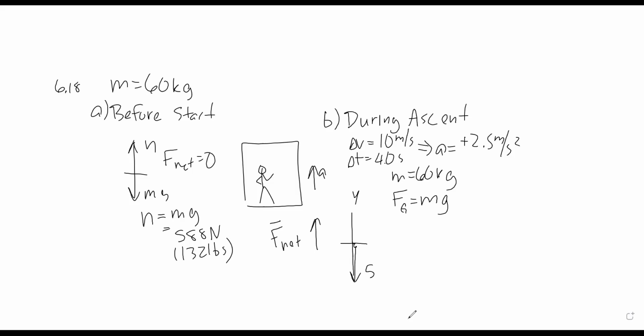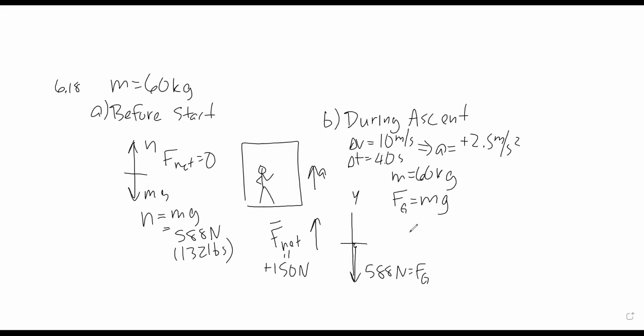Only this time, we have to have a net force of 60 times 2.5, or 150. So we have an F net of ma of plus 150 newtons. So what is that going to do to our weight then?